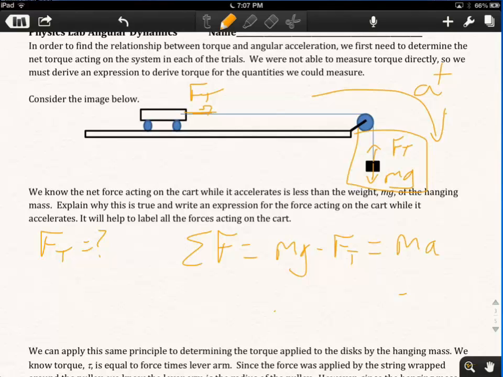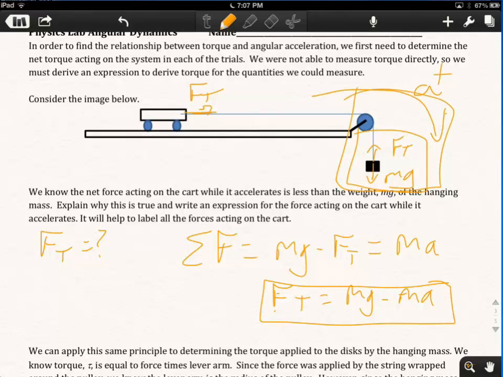So then I have Ft equals mg minus ma. This allows us to say the size of the force acting on the cart in terms of the falling mass. That's handy because we know everything about the falling mass on that torque problem.